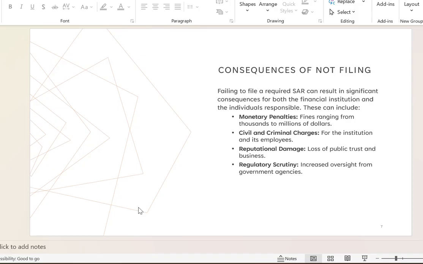Regulatory scrutiny will also increase, with more oversight from government agencies, who will continuously monitor that financial institution. Audits will happen. So to avoid all these things, they should report to the transaction monitoring system whenever they find suspicious activity for a particular client.